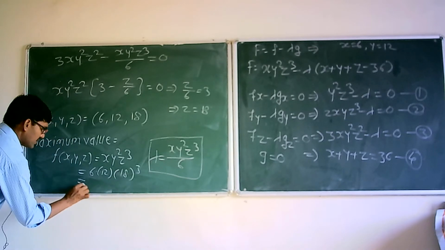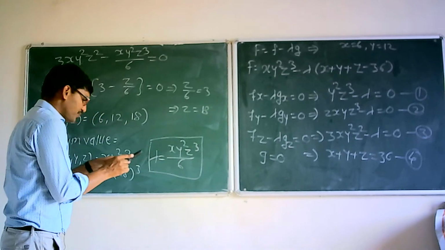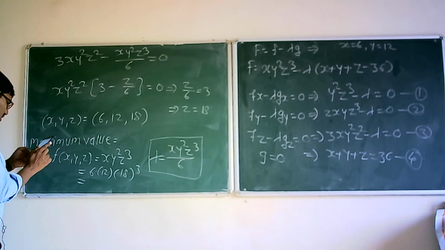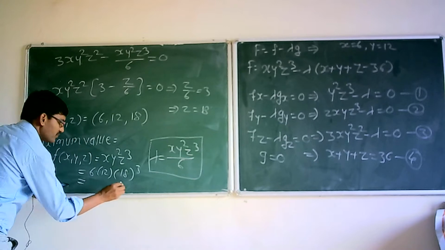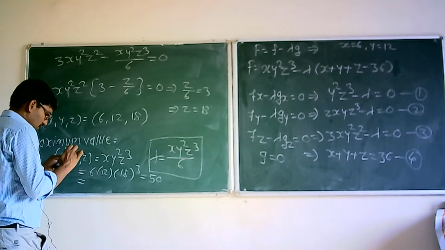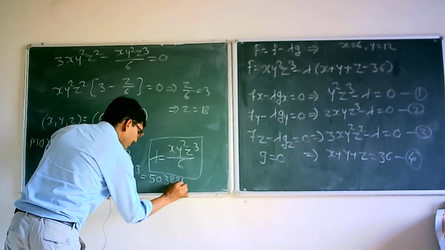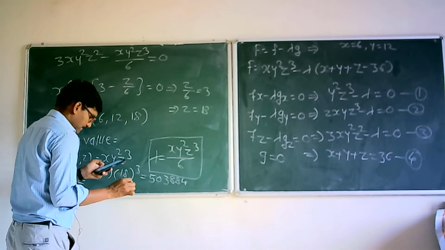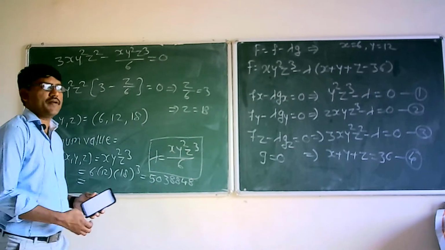If you simplify this using your calculator, this value will be 38,84,8. So this is the maximum value of f of x, y, z.